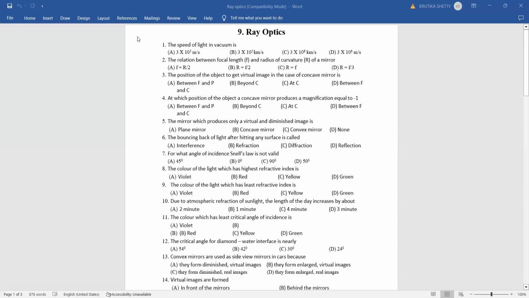Here you will see some questions. You can tell me the answers in the chat box. The first question: the speed of light in vacuum is 3 into 10 to the 5 kilometer per second, 3 into 10 to the 8 kilometer per second, or 3 into 10 to the 6 meter per second.